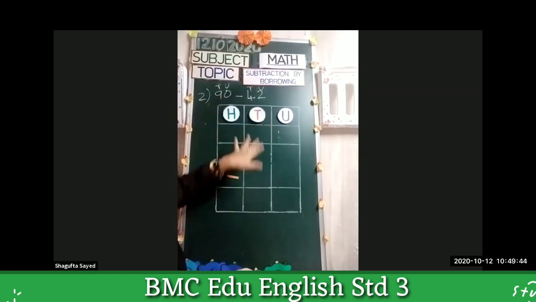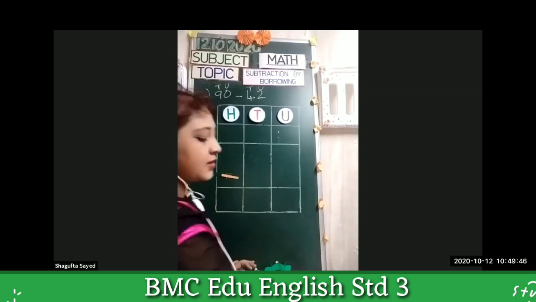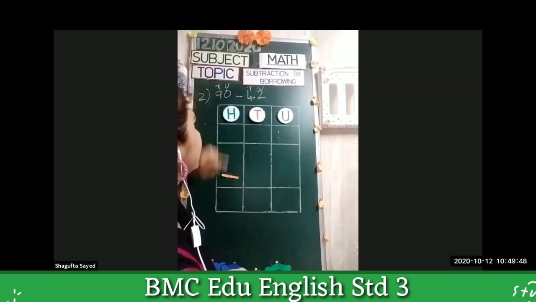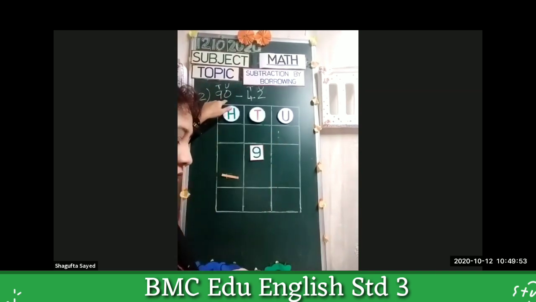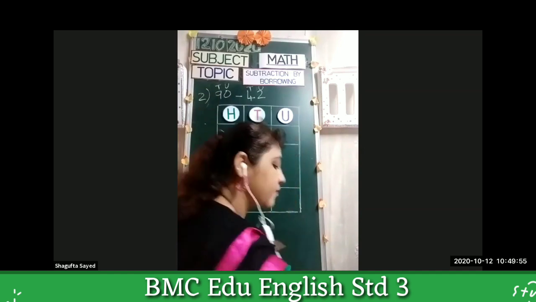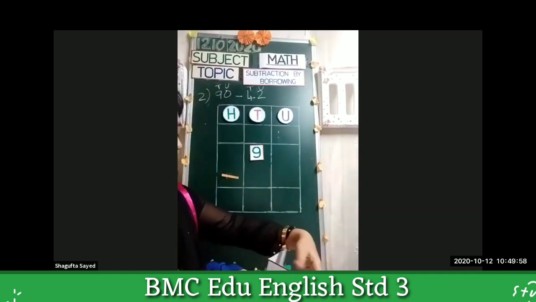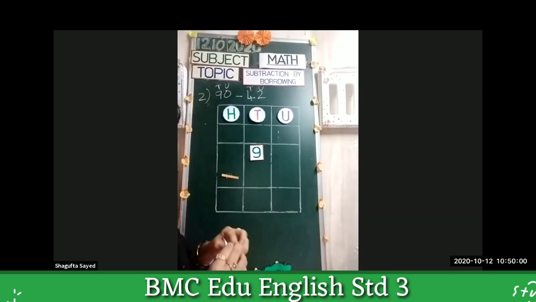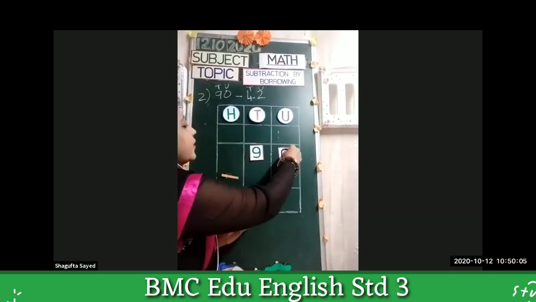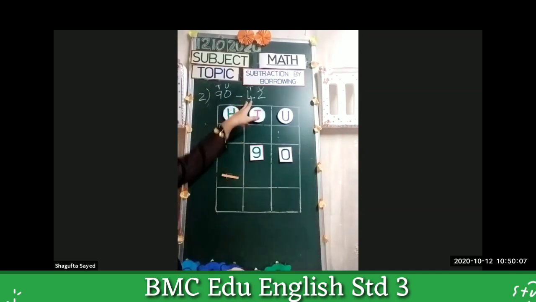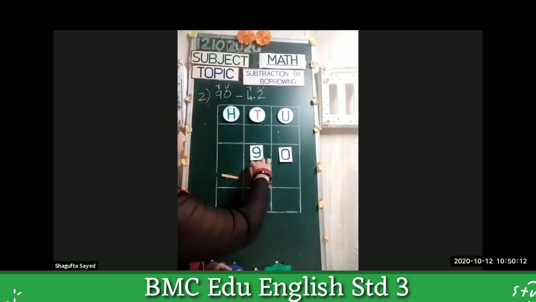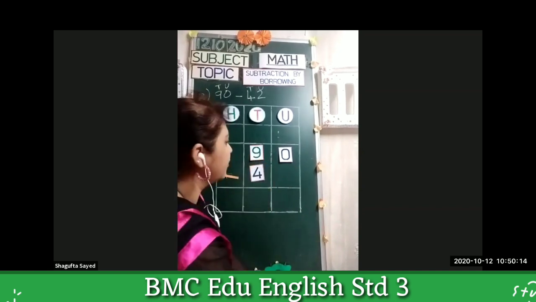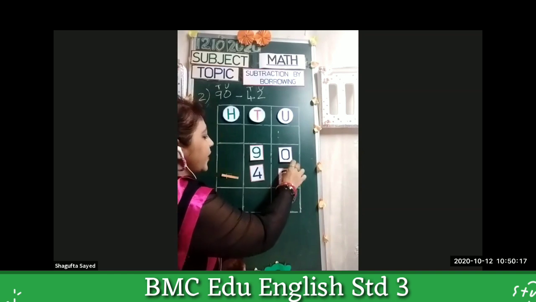Now we have to arrange this in vertical order. 9 is at tens place. 0 is at which place? Yes, 0 is at unit place. Then 4 we have. 4 is at tens place and 2 is at unit place.